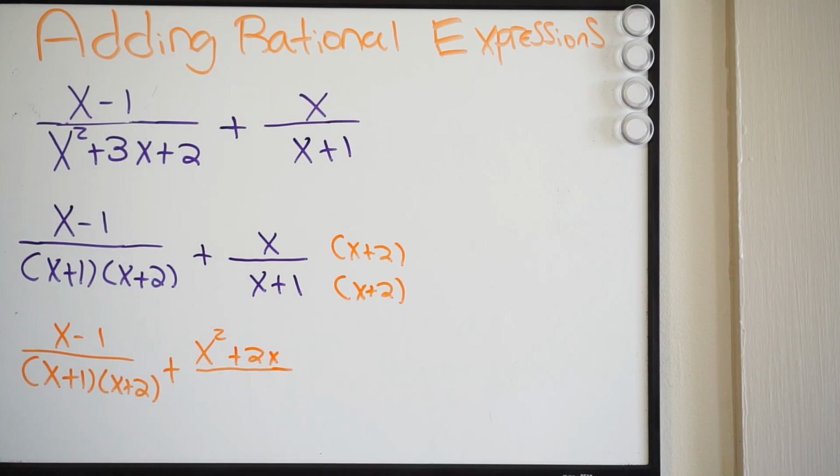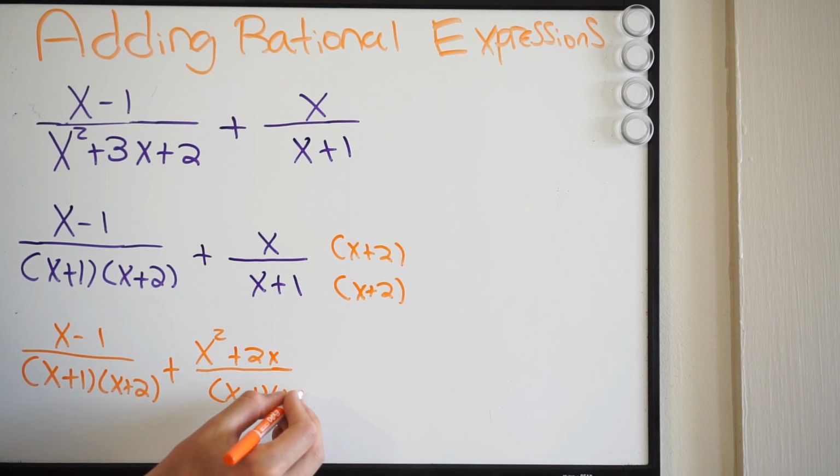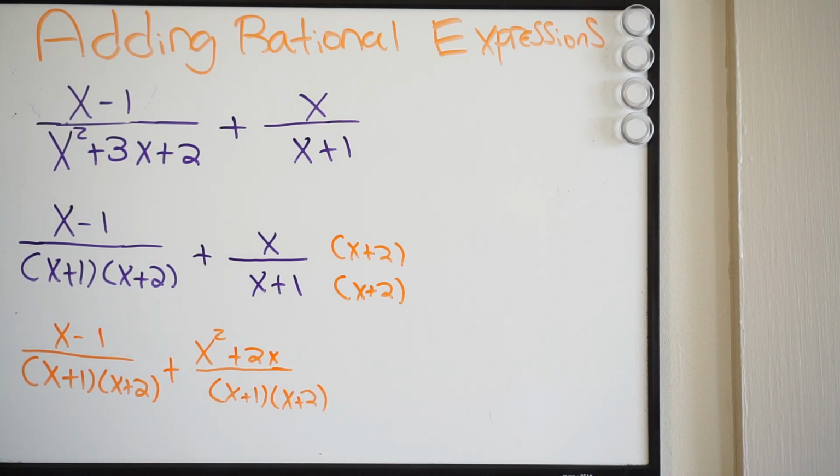Going from here, we just multiplied the bottom, so it's going to be x plus 1 and x plus 2. From here, we now have the same common denominator. We can add the numerators now.